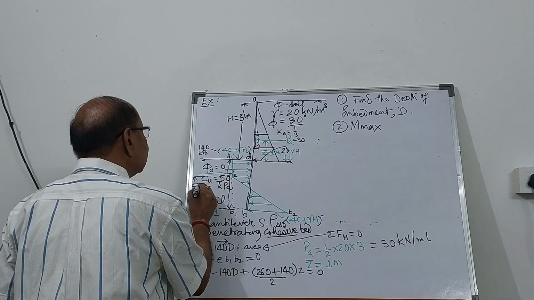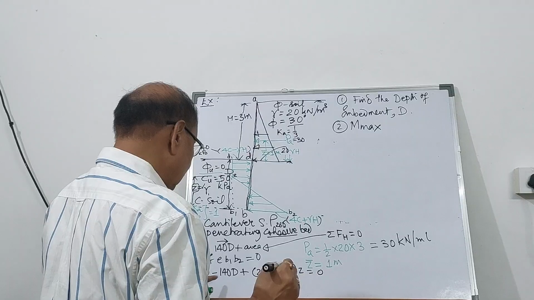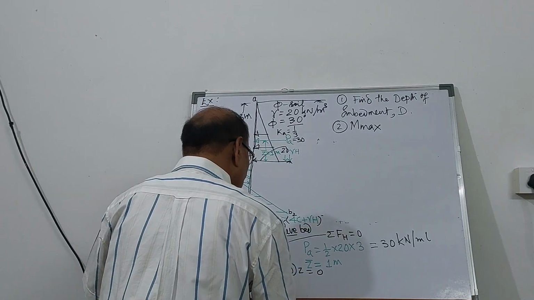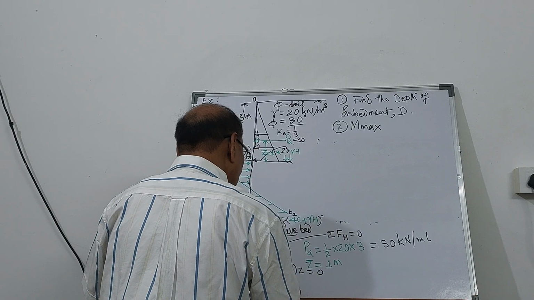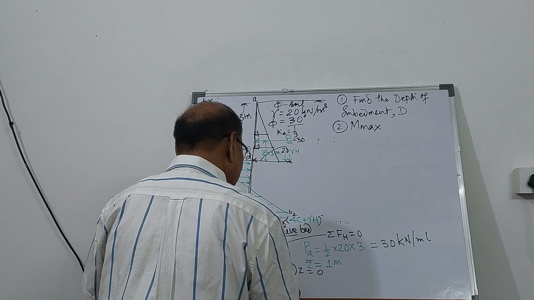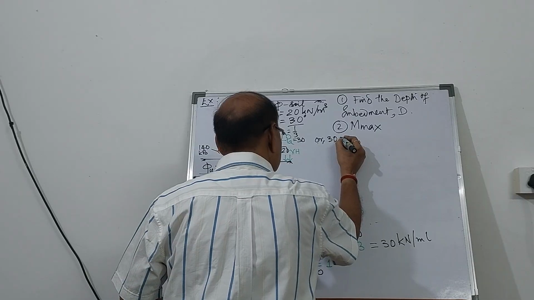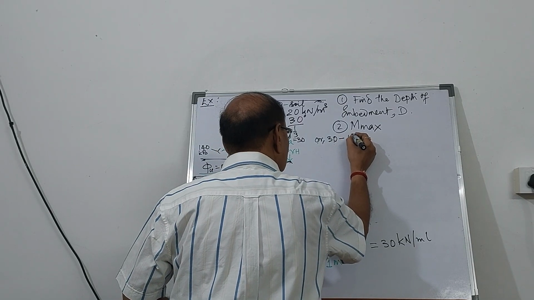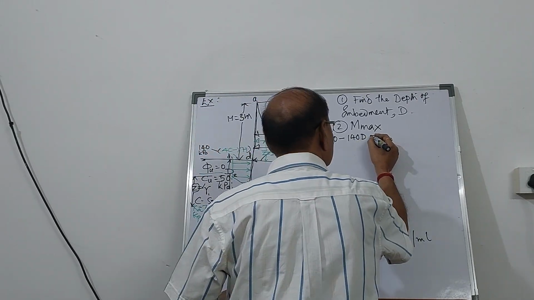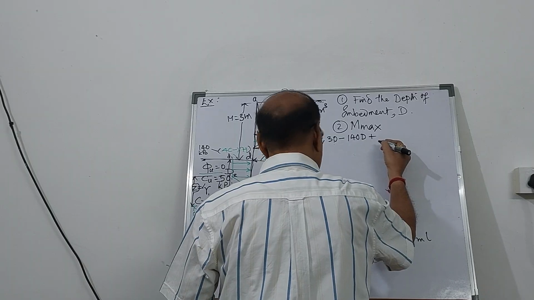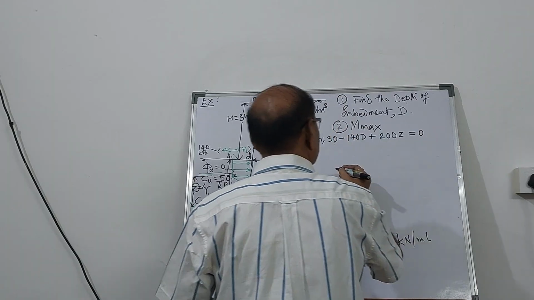So value of z can be found out from this one in terms of d. So 260 plus 140 becomes 400, divided by 2 becomes 200. So I can write it, or 30 minus 140D plus 200Z equal to 0.